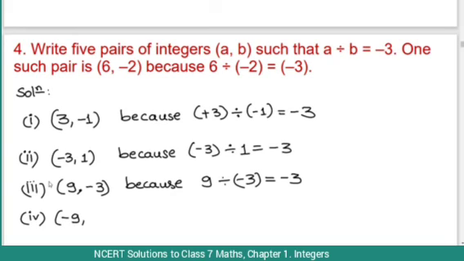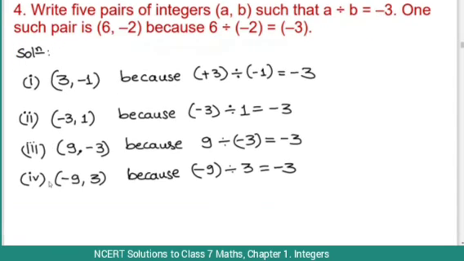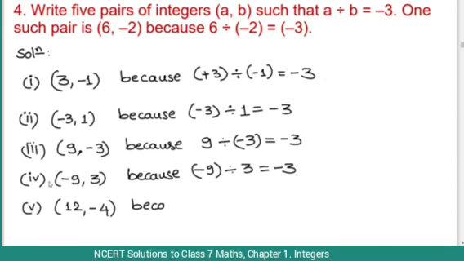Fourth one, minus 9 comma 3, because minus 9 divided by 3 is also equal to minus 3. And the last pair is 12 comma minus 4, because 12 divided by minus 4 is also equal to minus 3. So these are 5 pairs.